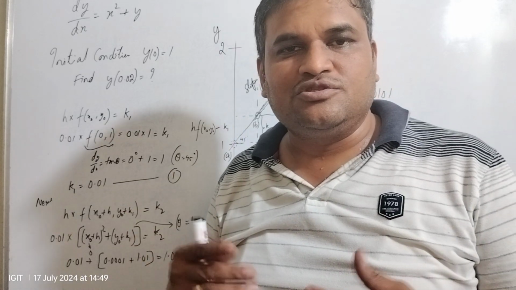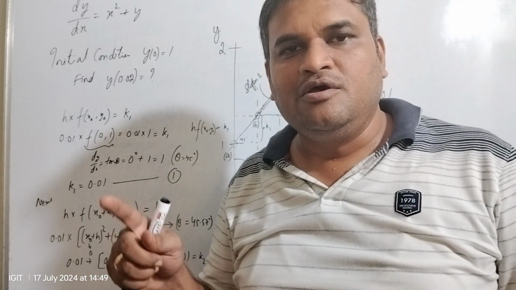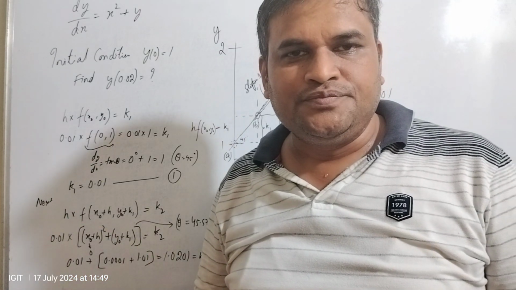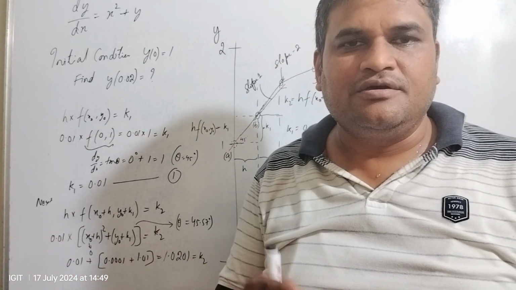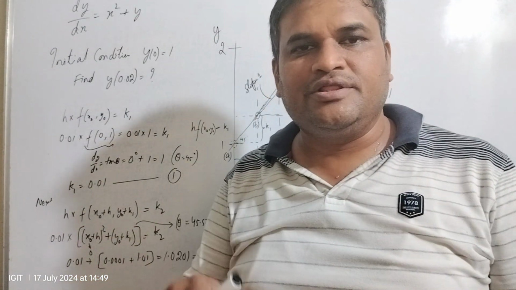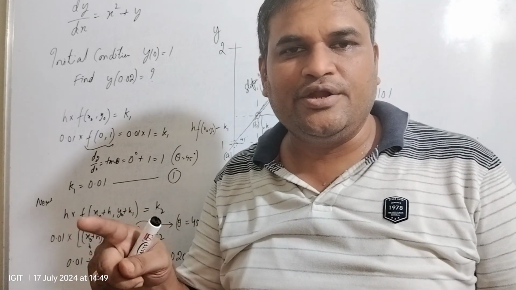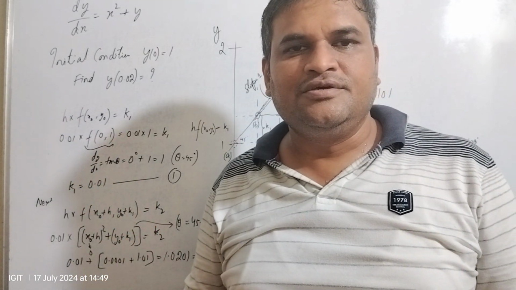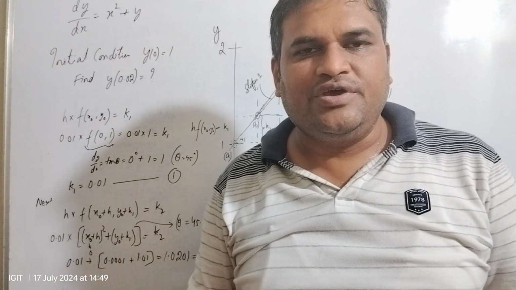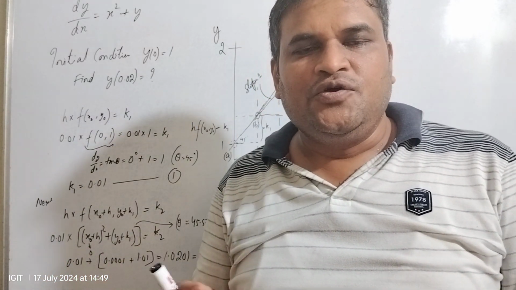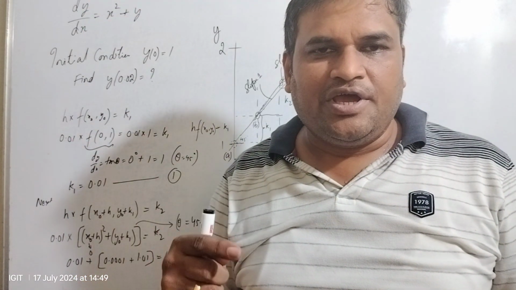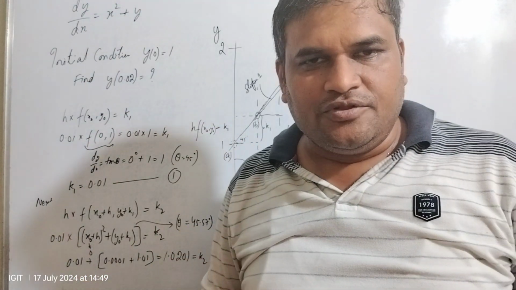Suppose for third order, k = (k1 + 2k2 + k3)/4. Or for the fourth order Runge-Kutta method, k = (k1 + 2k2 + 2k3 + k4)/6. So the fourth order Runge-Kutta method we can do like that. In this way we can find different values of y for different values of x, and we can plot the curve. Thank you very much.